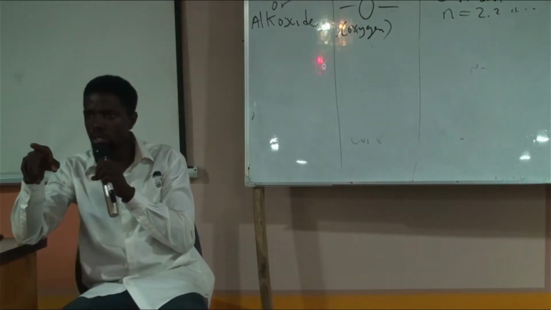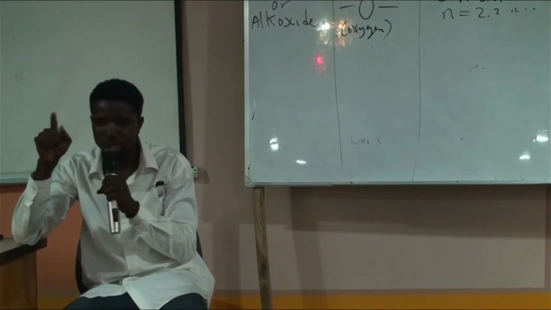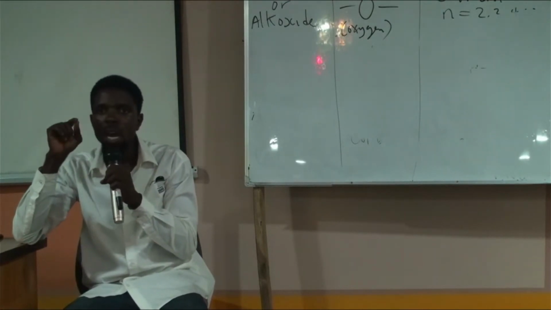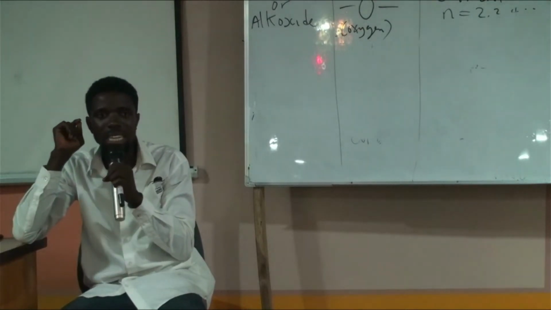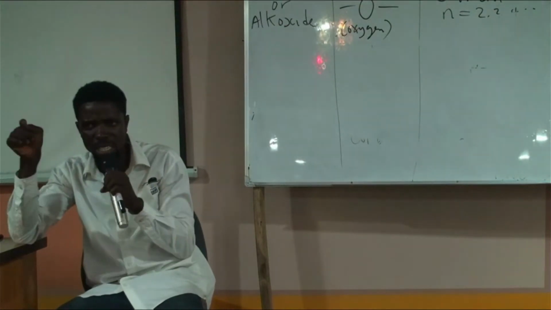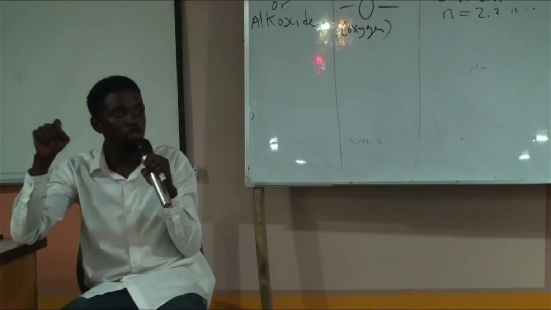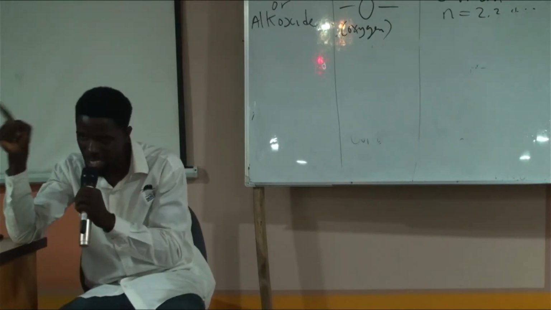As I was saying, what did I say? Alkanoic acids. Now listen. Any alkanoic acid that has 12 and above carbon atoms is no more alkanoic. It is now fatty acid.